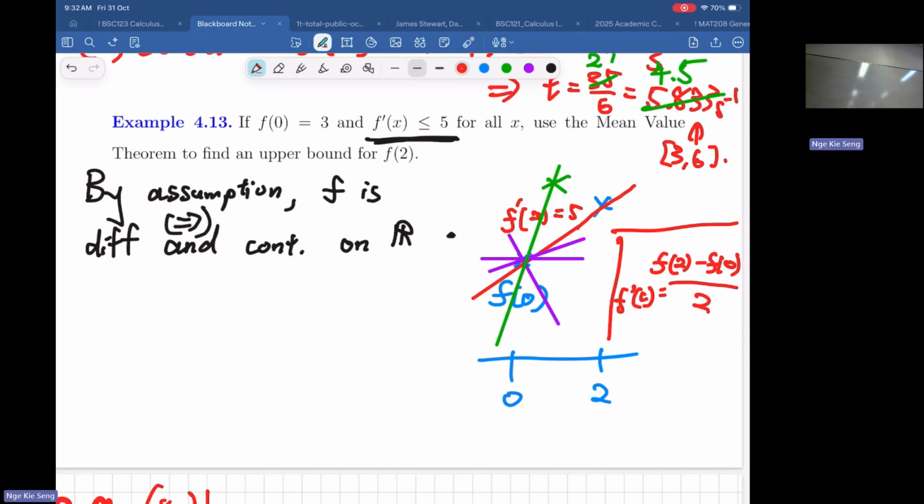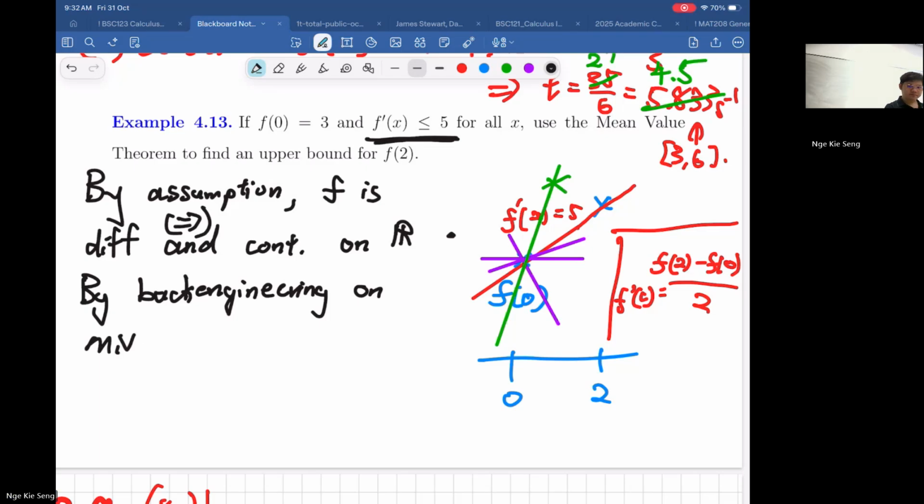So we will reverse engineer the mean value theorem.